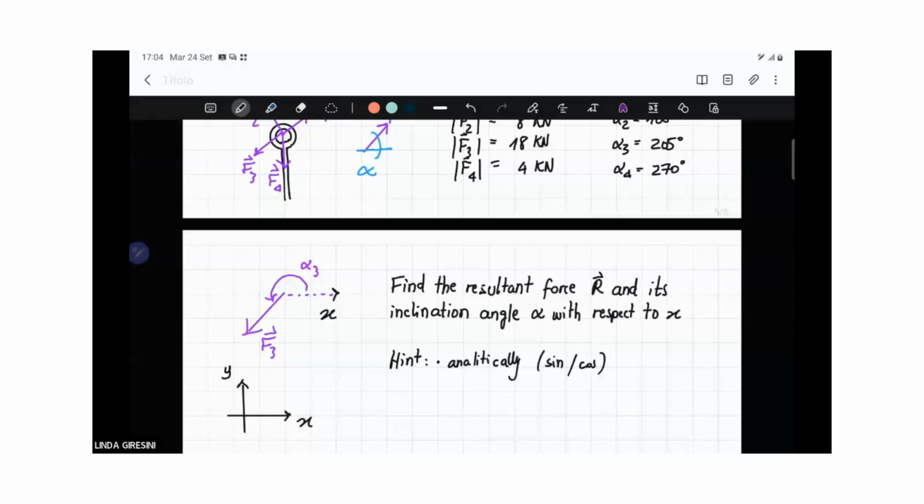This is one option, or you can use the graphical solution by hand or with AutoCAD, for example. I suggest you make both just as a check. Because if you have the same result, then you are sure that it's the correct answer, I mean, the correct procedure.